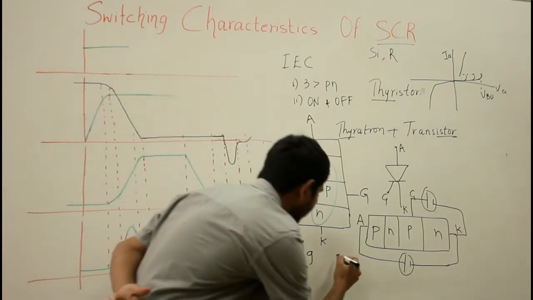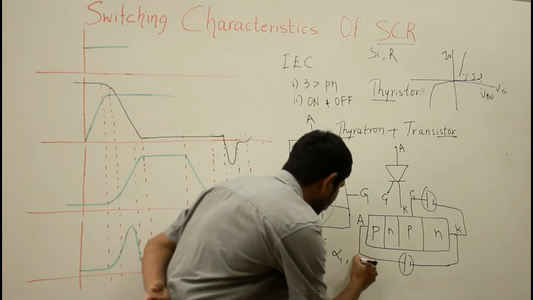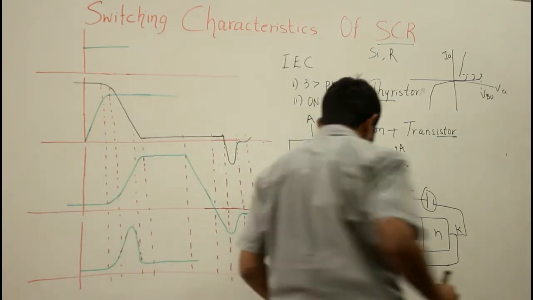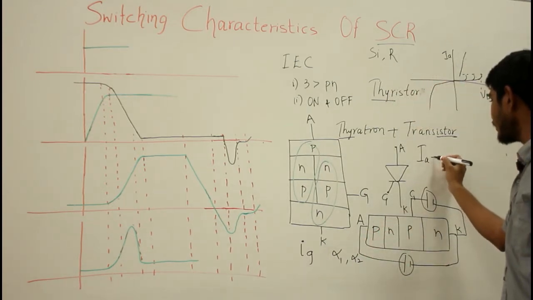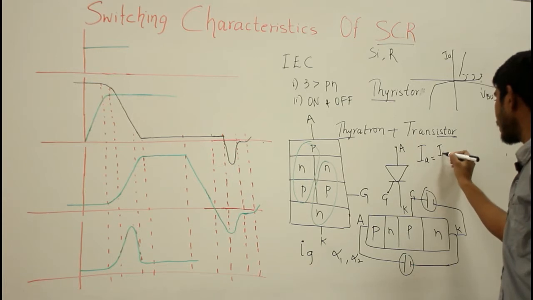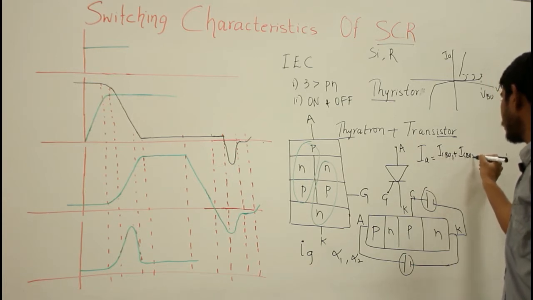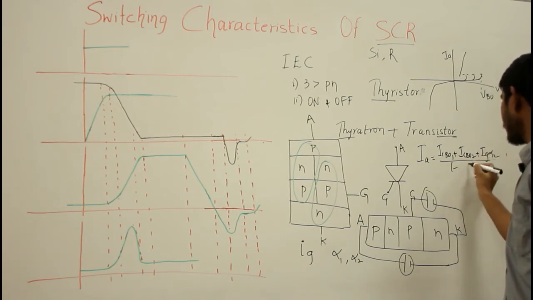If I consider alpha 1 as the gain of the PNP transistor and alpha 2 as the gain of the NPN transistor, then the expression for the anode current in the two transistor model is given by IA equals ICBO1 plus ICBO2 plus IG alpha 2, divided by 1 minus (alpha 1 plus alpha 2).